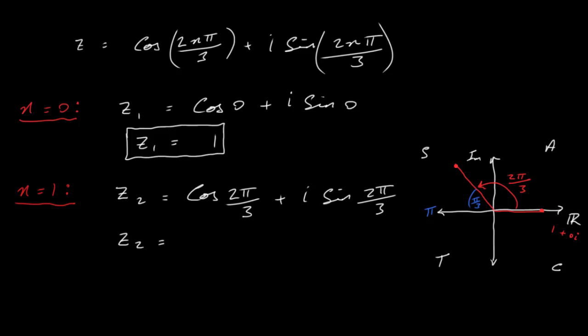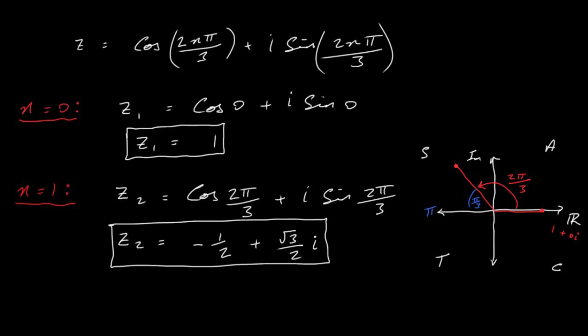Cosine is positive in the fourth quadrant. So the cosine of pi over 3 is a half, but it's going to be negative because it's in the second quadrant. So we're looking at minus a half here, plus, well, the sine of 2 pi over 3 is the sine of pi over 3, which is root 3 over 2. So let me just put that first, root 3 over 2 i, and it's positive because sine is positive in the second quadrant. So this here is our second root of 1.